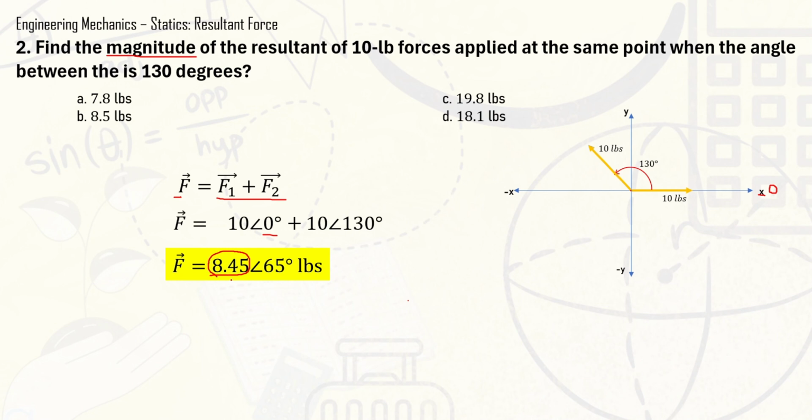Because in a vector form, ito is your magnitude at yung angle natin is your direction. So, pag tinanong kung nasan yung direction, it's 65 degrees. Ang final na sagot natin is letter B, 8.5 pounds. Na-round lang yung 0.45.